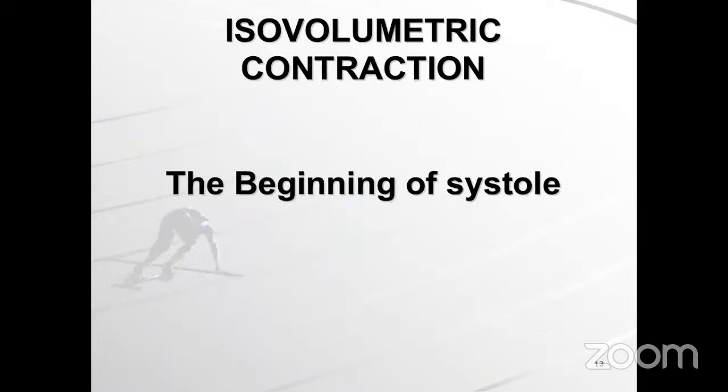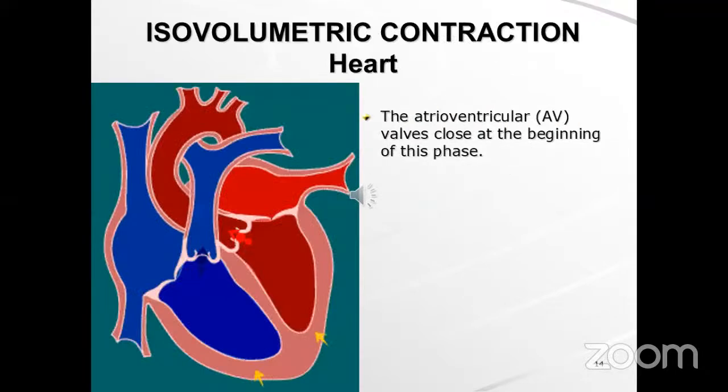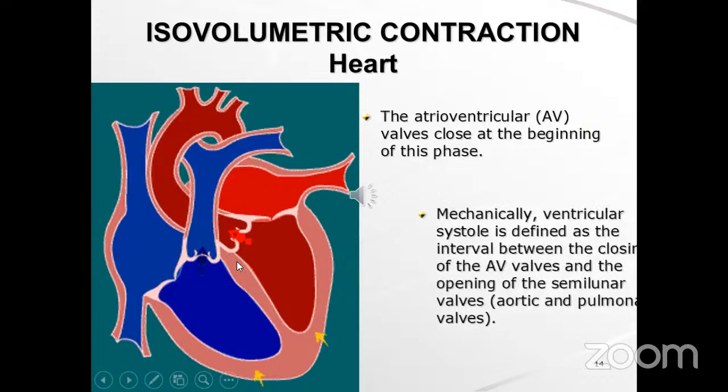Next, coming to the isovolumetric ventricular contraction, that is the beginning of systole. The atrioventricular valves close at the beginning of this phase, and the aortic and pulmonary valves are also closed.